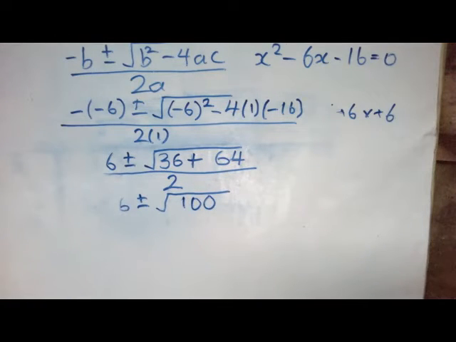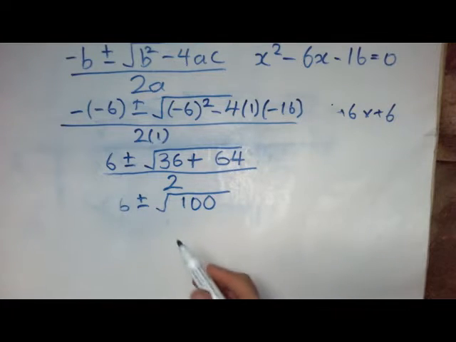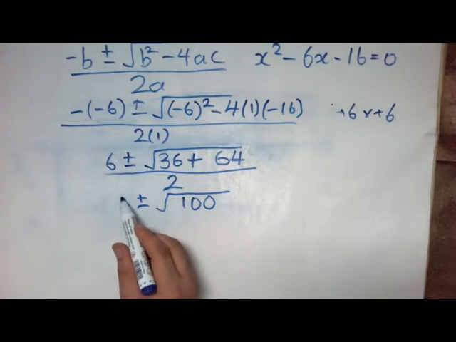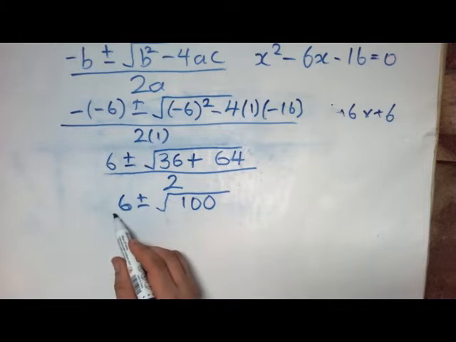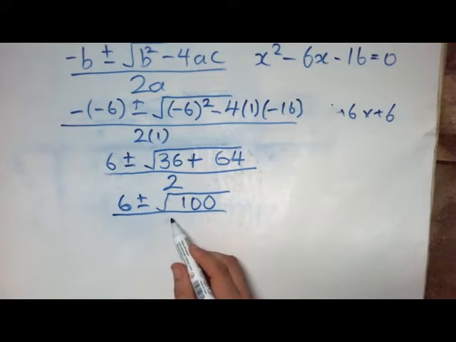Now, what is a square root? A square root of 100 is that number that when you multiply it with itself, it will give you 100. What is that number? The number will be 10. 10 times 10 will give us 100. So the square root of 100 is 10.